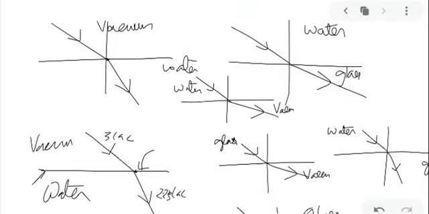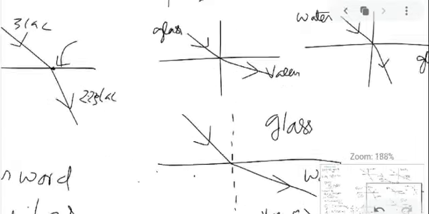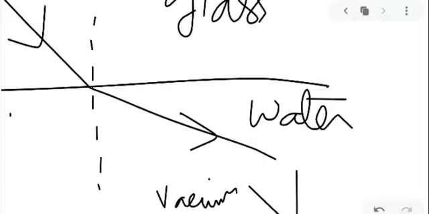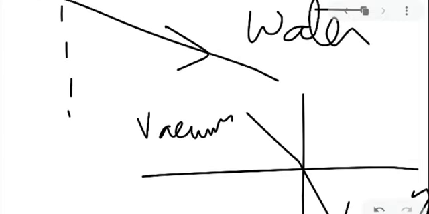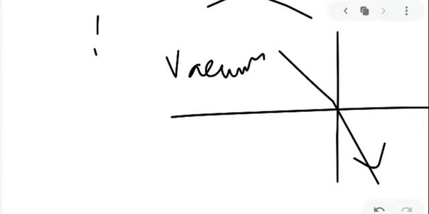Why does this happen? At least we could just refer to a pattern. We can see a pattern here.